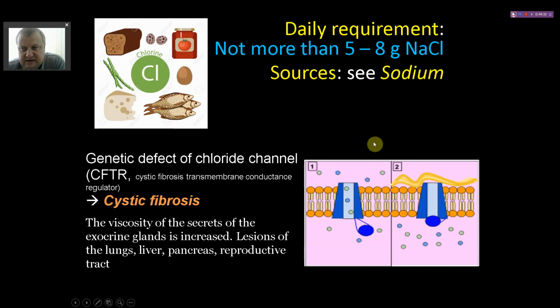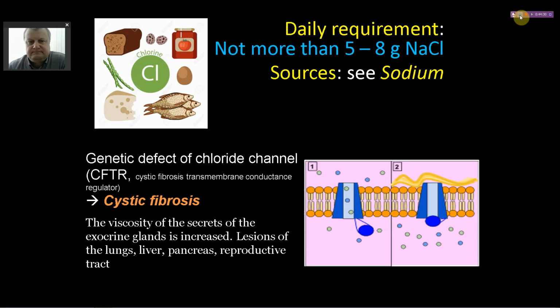And there could be big problems with chloride channels. The genetic defect of a chloride channel, the name of this chloride channel is the CFTR, cystic fibrosis transmembrane conductance regulator, results in cystic fibrosis.